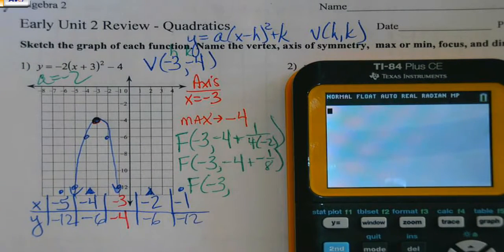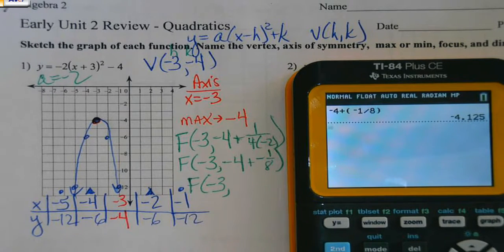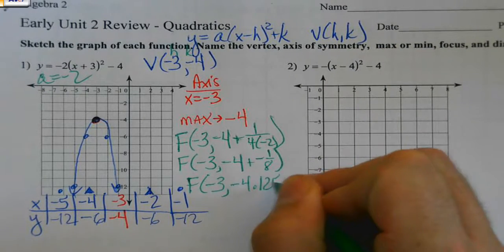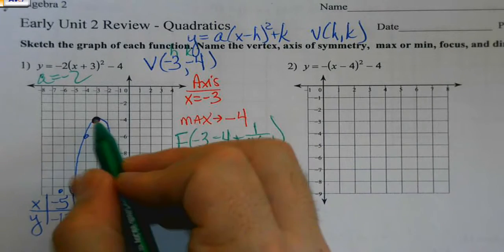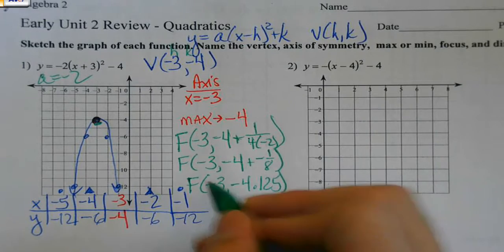If you want to, you could type in -4 plus -1/8, or you could just do -1/8. And I don't mind if you go to a decimal for that. -3, 4.125. Remember, it's always going to be inside my parabola.